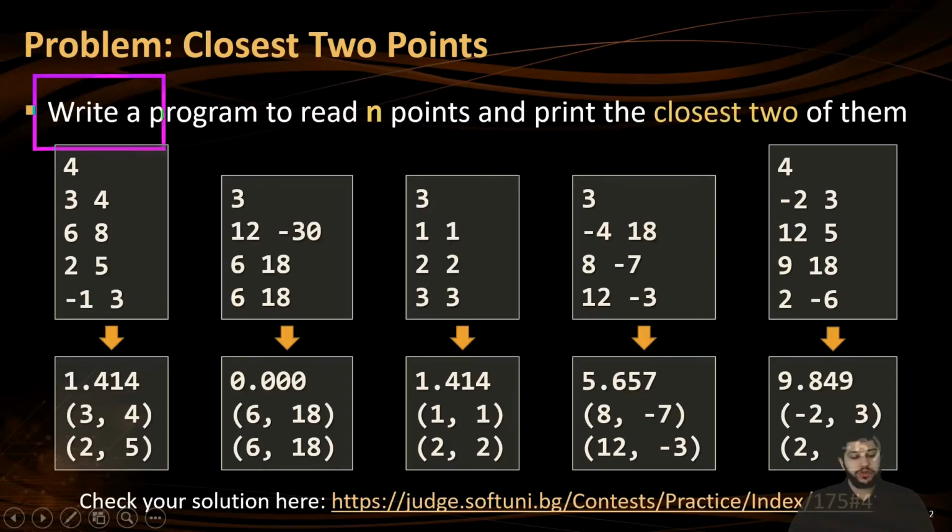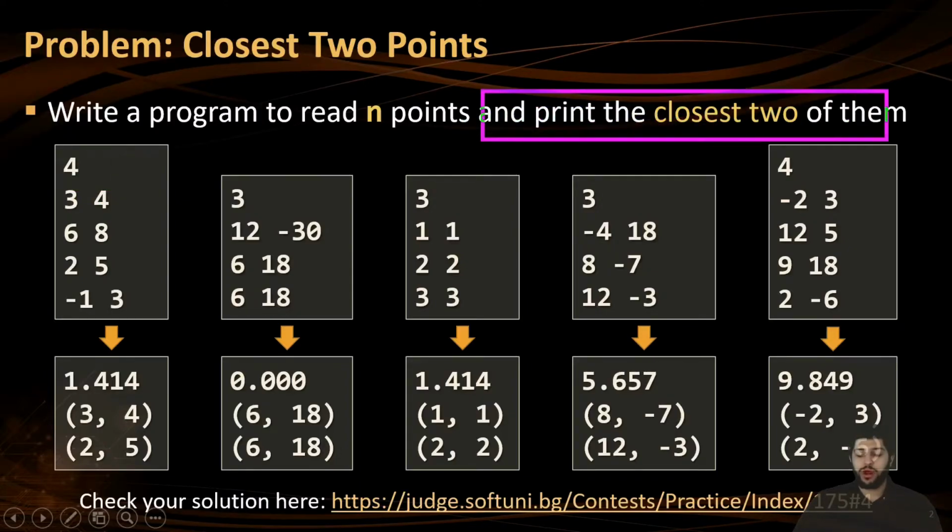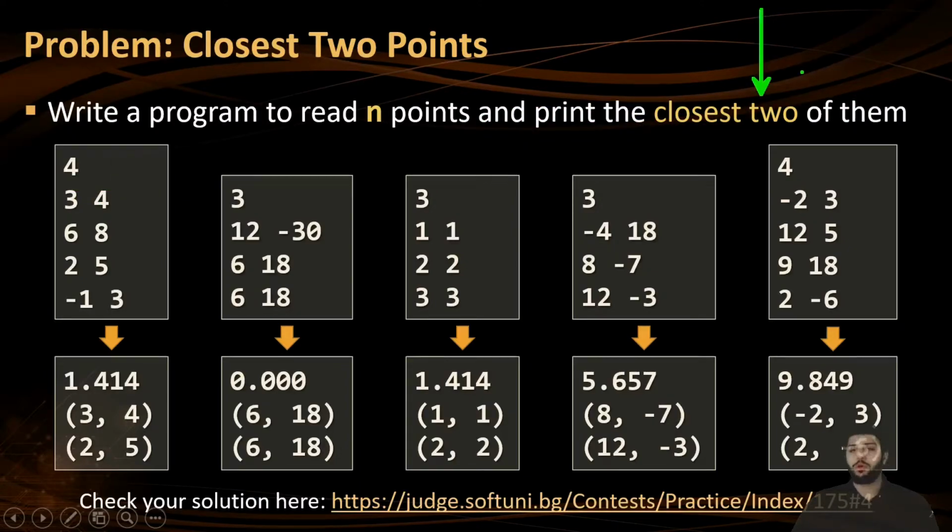And intuitively, we need to write a program that reads n number of points from the console, and this n integer is going to be supplied to us on the first line. This is the number of points that we have, and we need to print the closest 2 of them. So if we have, let's say, 7 points, we need to find the 2 of them that are the closest to each other. And you can see an example here.